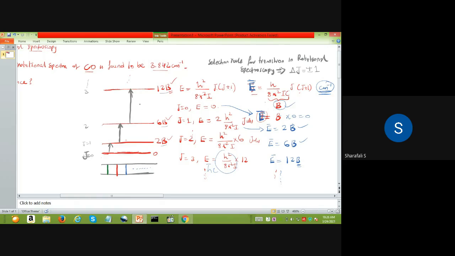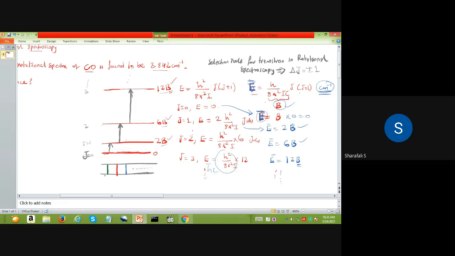For each transition, we have a different spectral line, and these lines will be in the microwave range. That's why it is called microwave spectra.